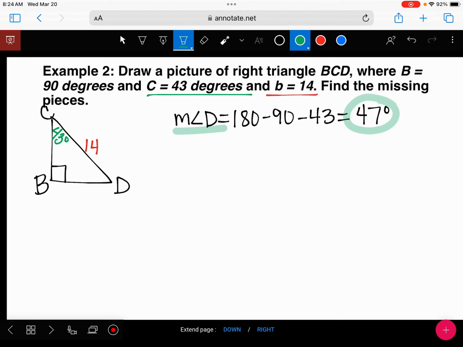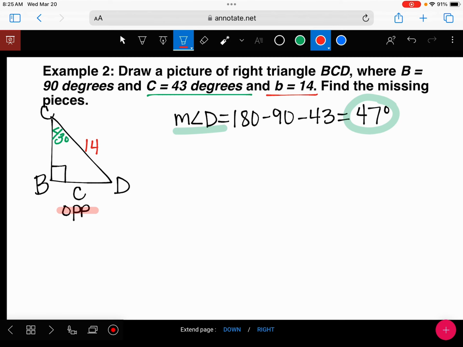And now let's find side C first. So side C is here. This is side C. In relationship with that 43, is side C opposite, adjacent, or the hypotenuse? Opposite. And 14 is what they gave us.